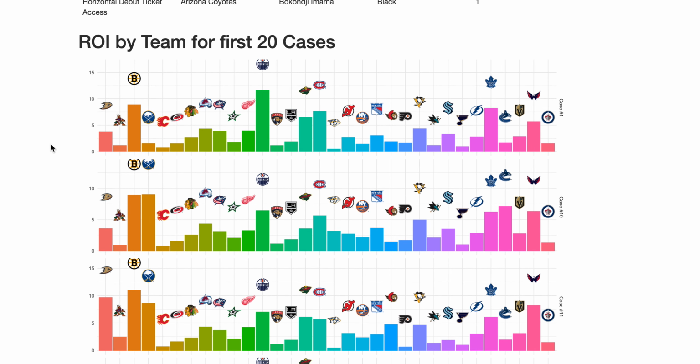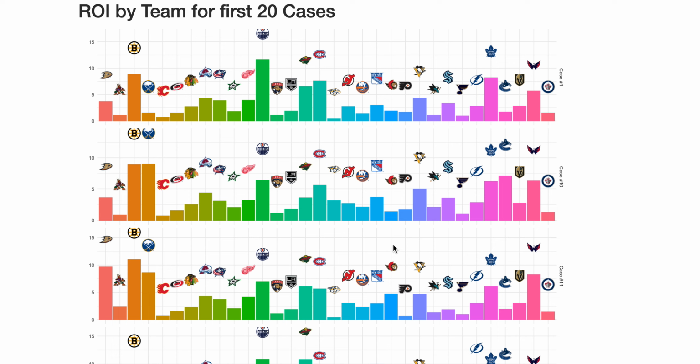Now, ROI by team. So I told you which team is the best, but maybe we should look across all the breaks and see how the teams vary. Do the Oilers ever perform poorly? Do the Blackhawks ever perform really well? Let's look at 20 breaks.